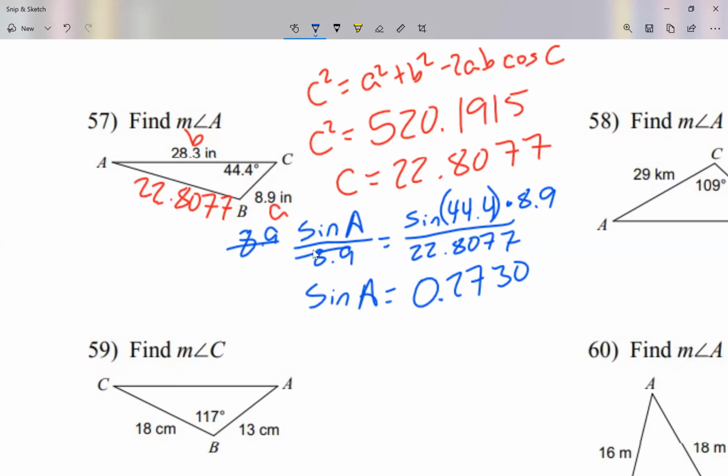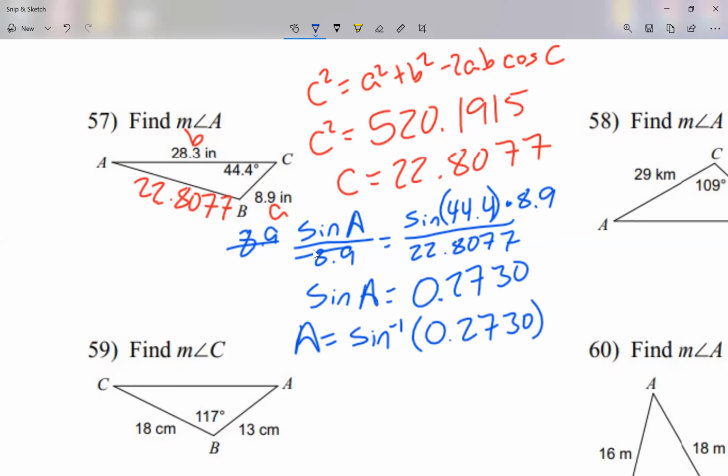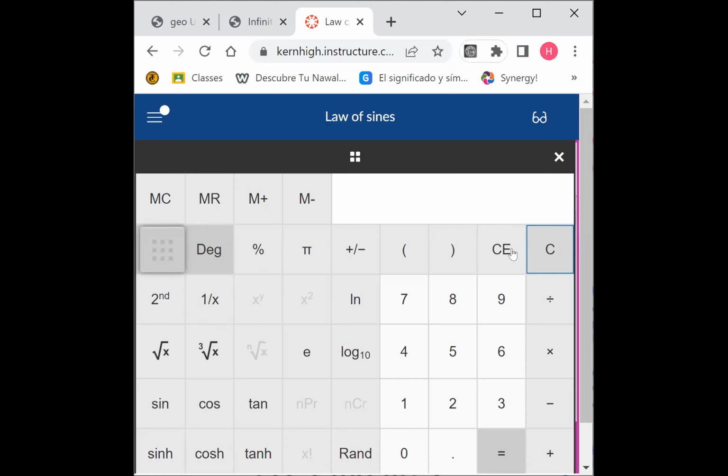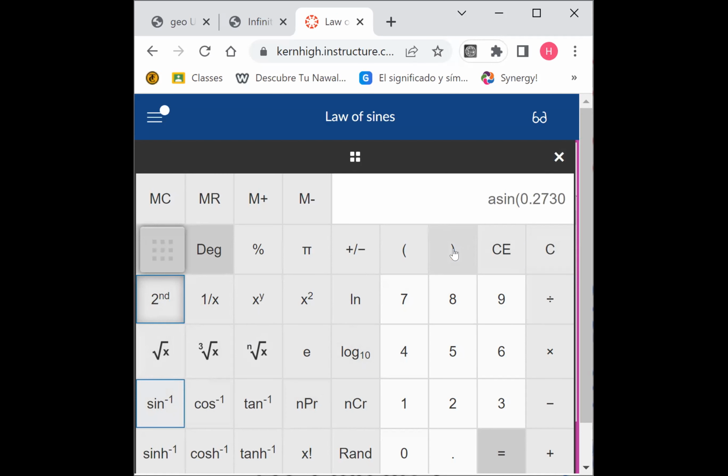On my last step, angle A is the sine inverse of 0.2730. So 15.84. 15.8.